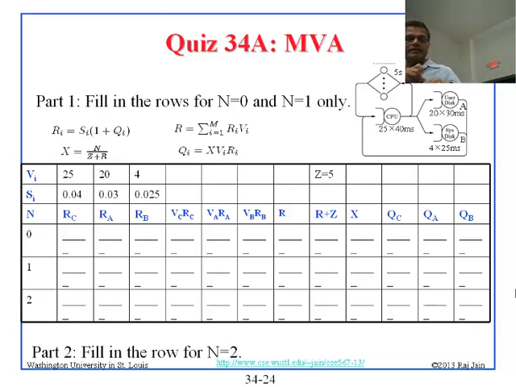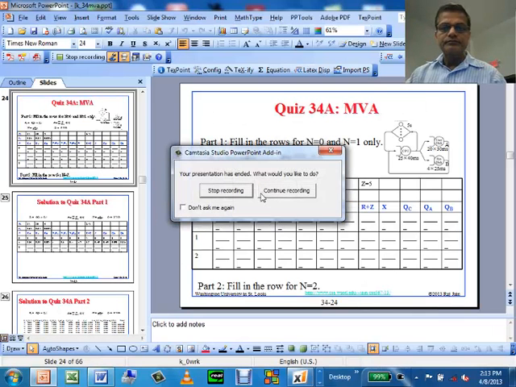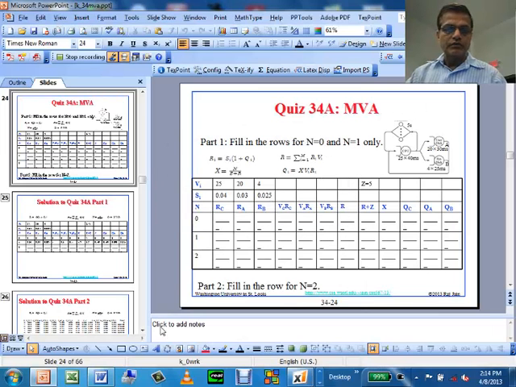Okay, it says in the bottom, fill in for N equal to 2. I think that requires a calculator, so you don't have to do that. Just do for N equal to 1, and then we can go through the answers.